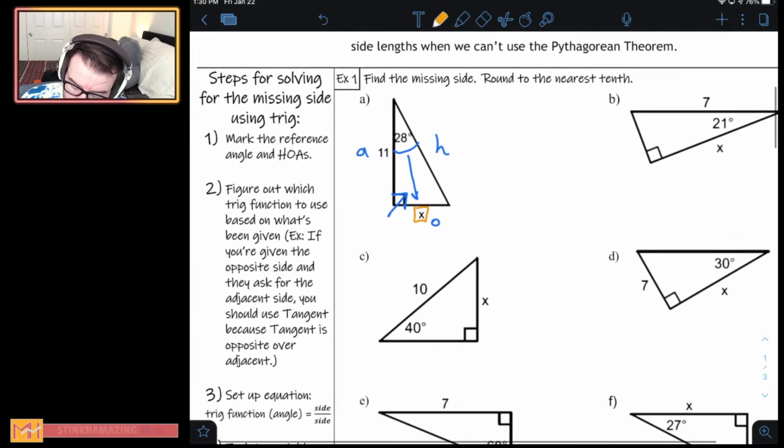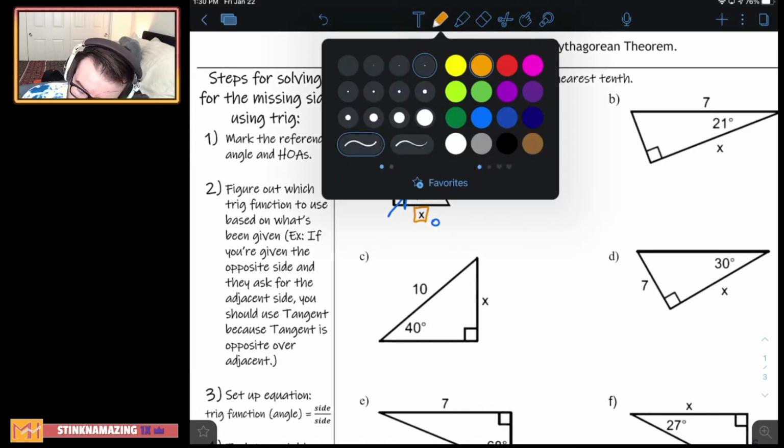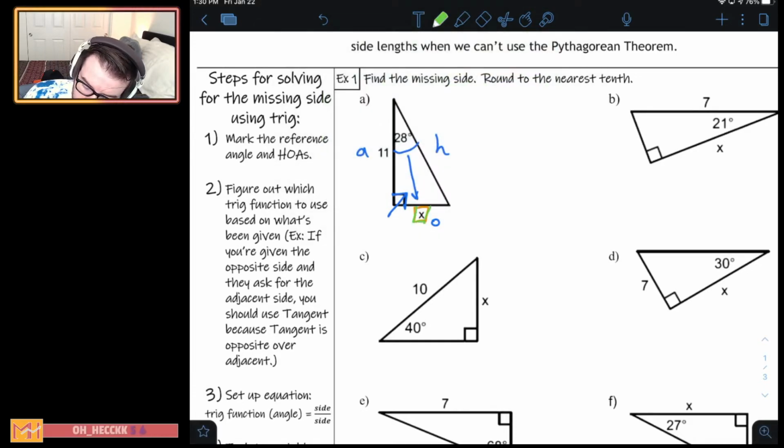So we're going to use trig functions. Which trig function should we use? We're trying to solve for the opposite side, and we know the adjacent side. What does that mean we should use? Tangent. Tangent is opposite over adjacent.